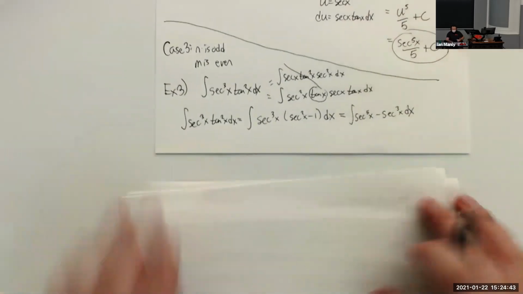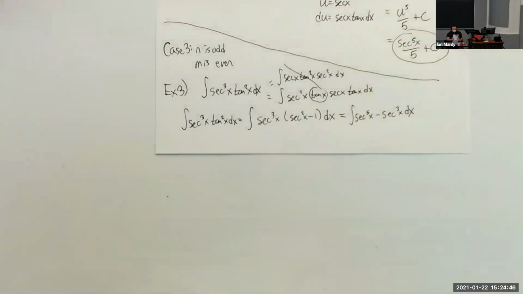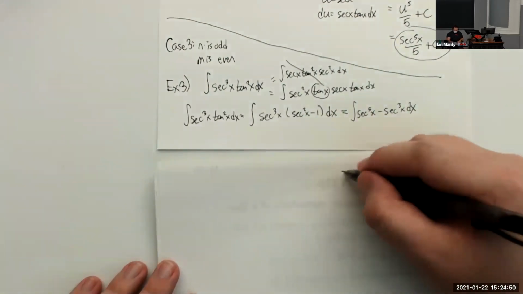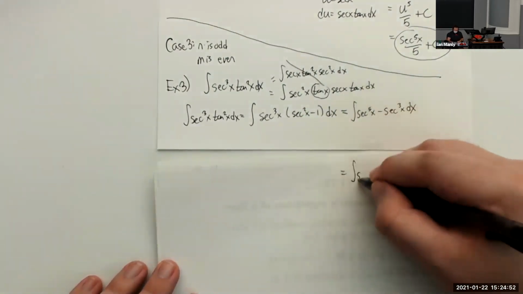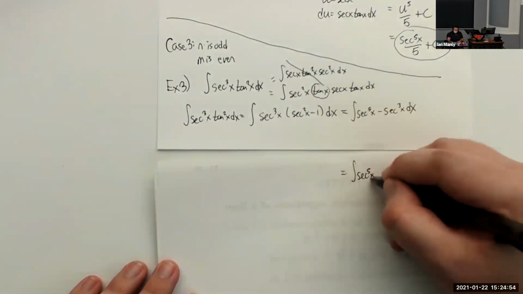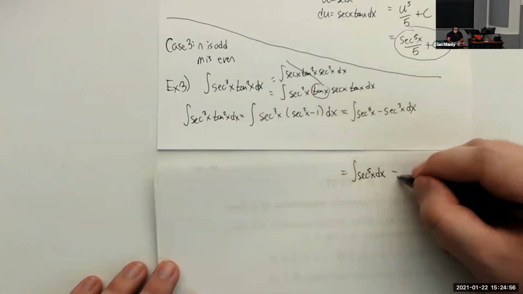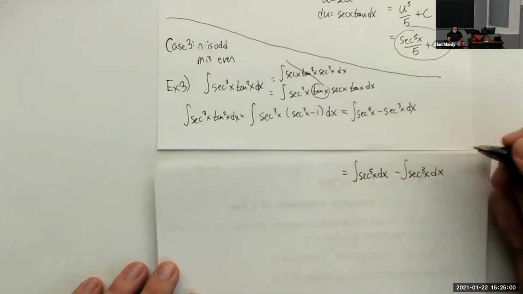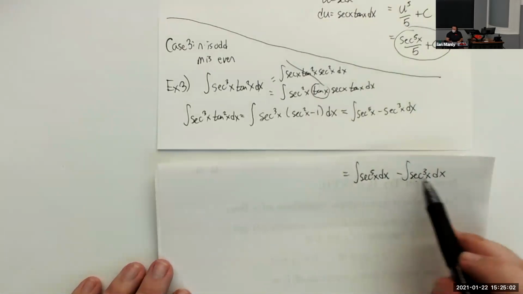And then what I'm going to do now is split these up into 2 different integrals because we're going to handle them separately. So from here, I'm going to write this as the integral of secant to the 5th of x dx minus the integral of secant cubed of x. Okay, so I'm going to forget about this one for now. We'll worry about this guy later.